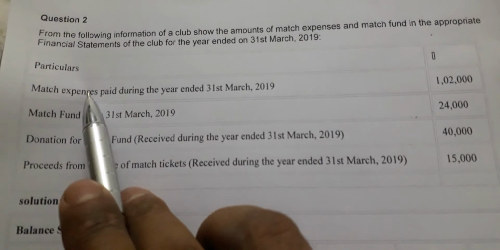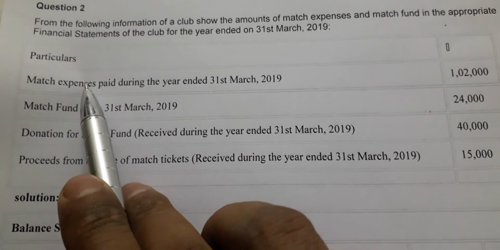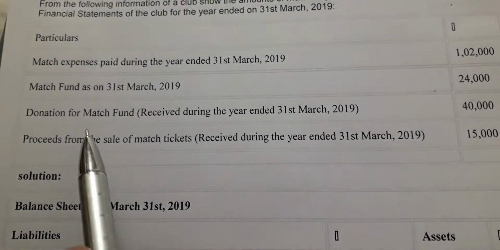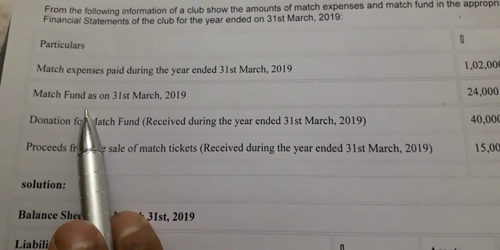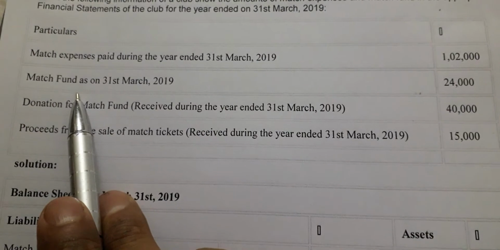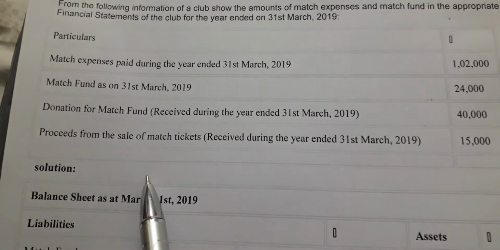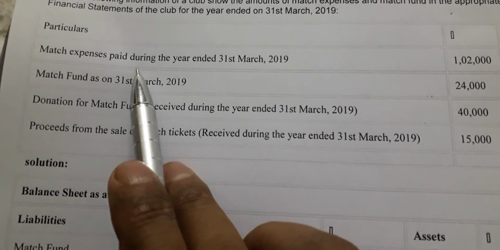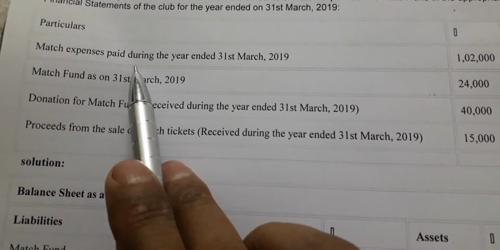Usually match expense is a revenue item and should be transferred to the income and expenditure account. But in this case, a special fund has been made for the purpose of the matches, so all the treatment of match expense will be done on the liability side of the balance sheet.